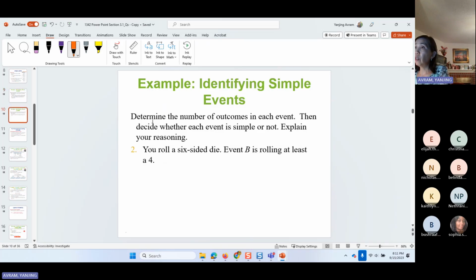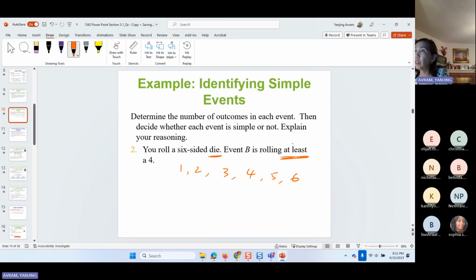All right, so rolling a 6-sided die, event B is rolling at least 4. So what is at least 4? What does at least 4 mean? So we know the die here will be from 1, 2, 3, 4, 5, 6. So what is at least 4?